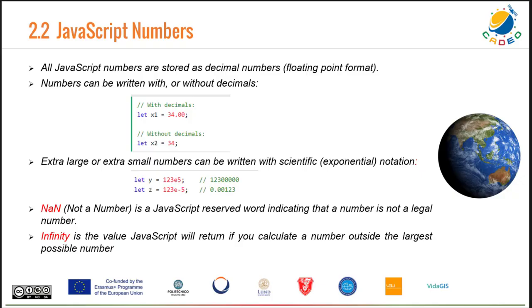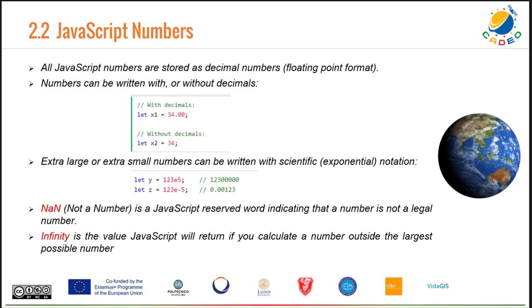The second JavaScript data type, JavaScript numbers. Unlike many other programming languages, JavaScript does not define different types of numbers, like integers, short, long, floating point.